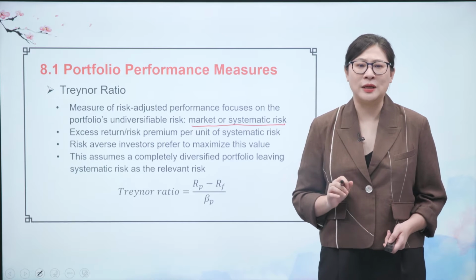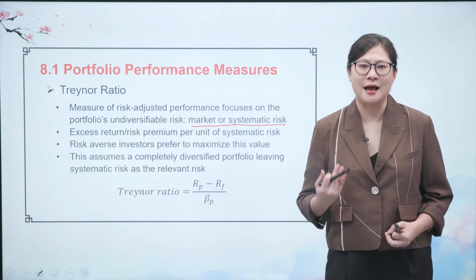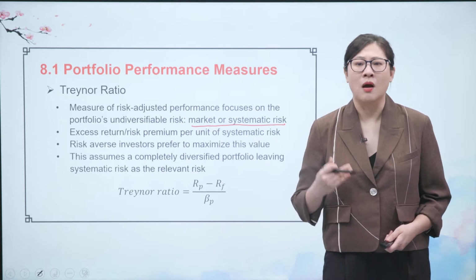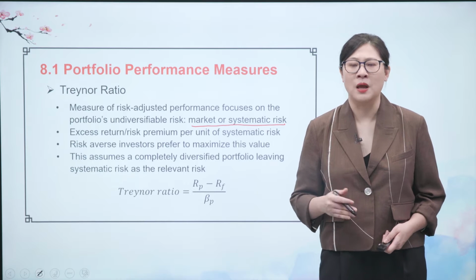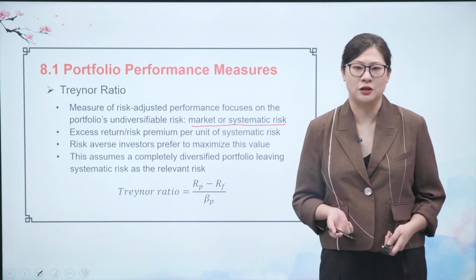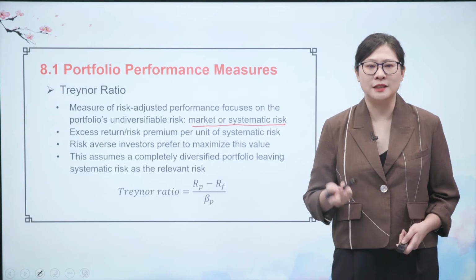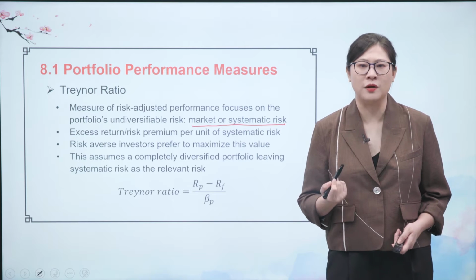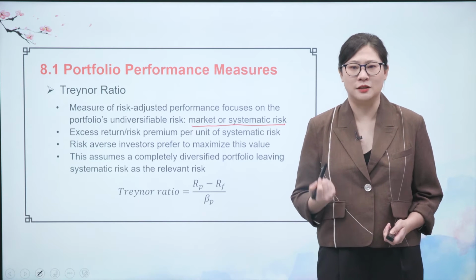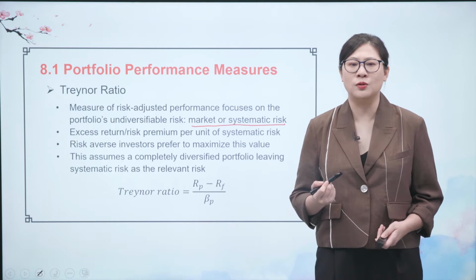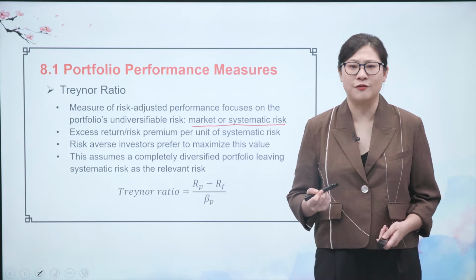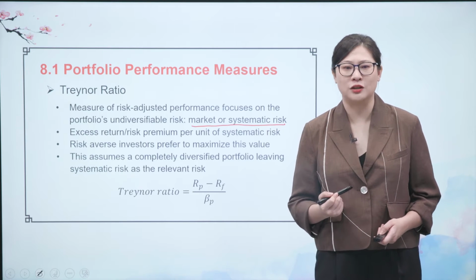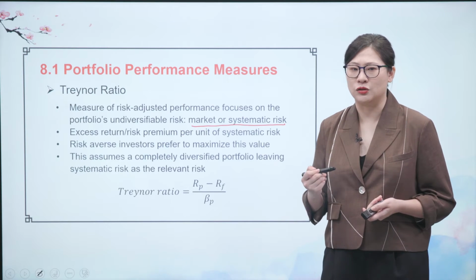The Treynor ratio can be expressed as the excess return, or we can call it the risk premium, per unit of systematic risk. The risk-averse investor prefers to maximize this value, and this assumes a completely diversified portfolio, leaving systematic risk as the relevant risk.